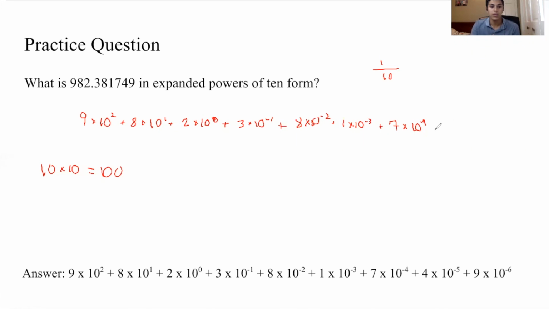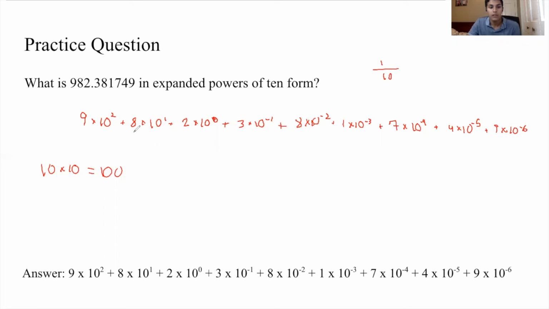We keep subtracting 1 from our exponent to keep moving down place values. So now we have 4 in the 100,000ths place, so plus 4 times 10 to the power of negative 5, and finally plus 9 times 10 to the power of negative 6.